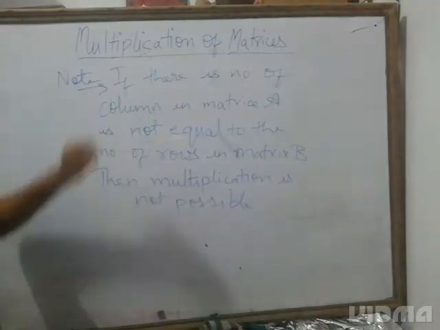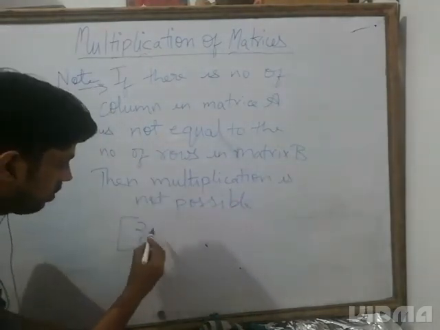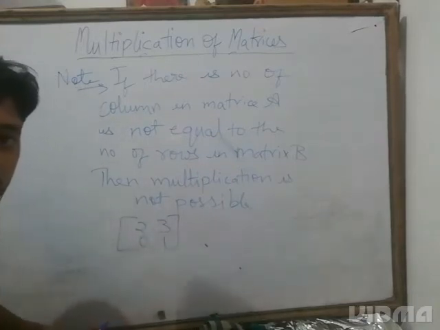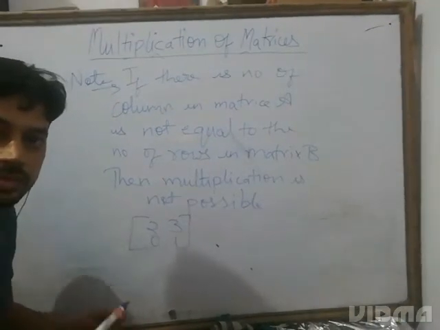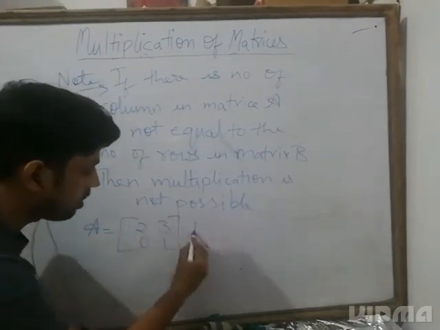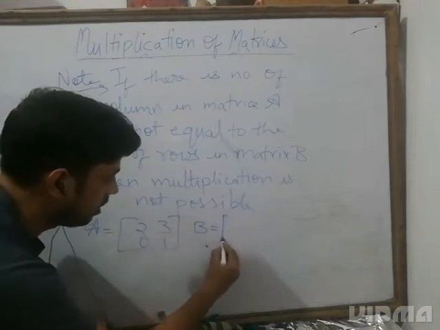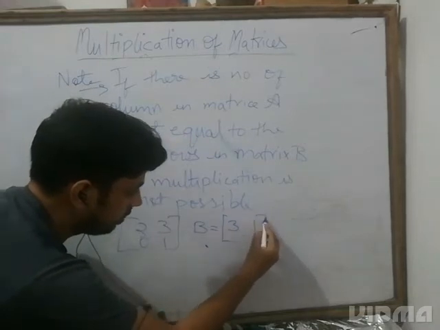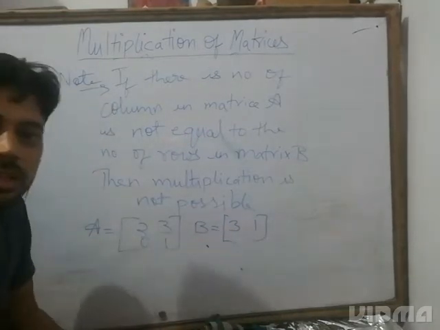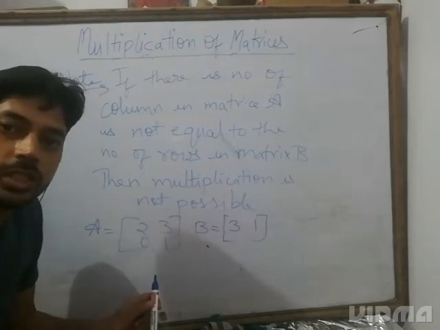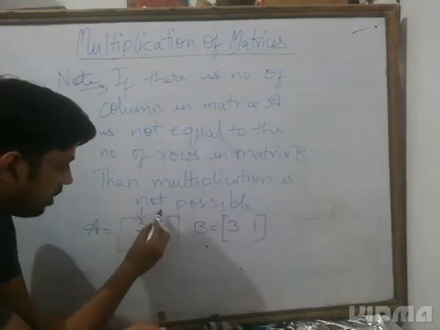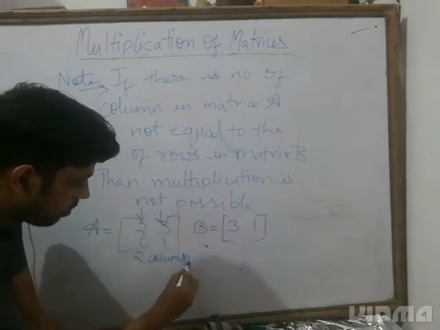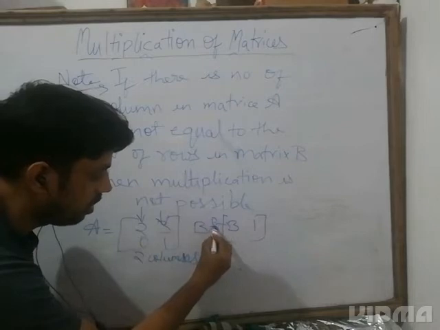What does this mean? Suppose this is our matrix 2 0 and 3 1. This is our A. B we will write as 3 and 1. In this case, can we multiply? No, we cannot multiply the matrices, because the number of columns over here is two. The number of rows here is only 1.